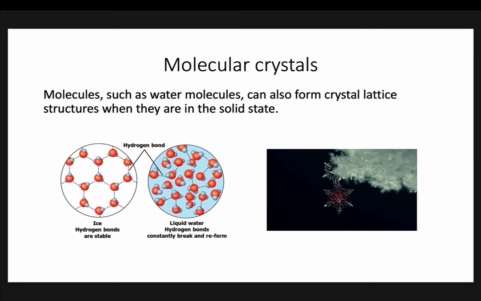And this is why snowflakes have 6 sides. So this is an example of a molecular crystal. A molecular crystal is simply a crystal that's made up of molecules instead of ions. So ionic crystals are made of ions, molecular crystals are made of molecules.